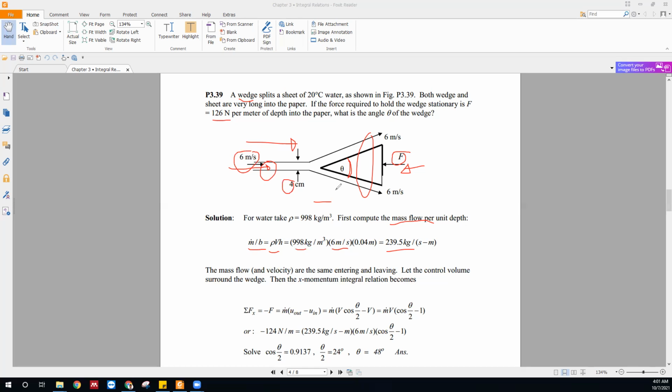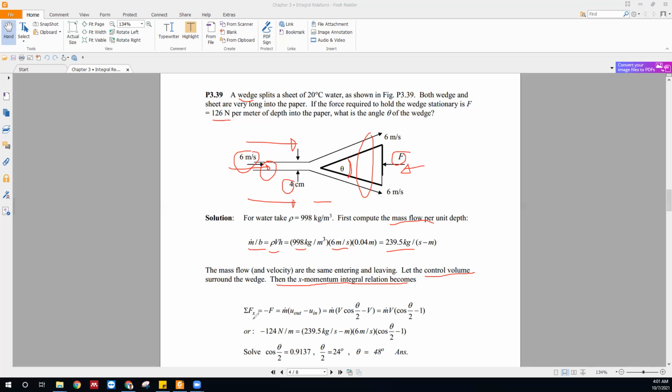Now, if we consider this is a control volume, right? Control volume surrounding this, now we can apply the momentum integral relations. The momentum integral relation will be summation of Fx equals minus F. Whatever force you are applying in this direction, the summation of all of these forces will be a negative value of F, because they are in opposite directions.